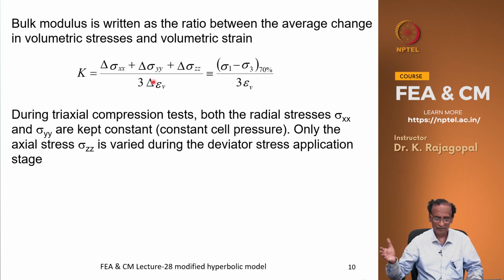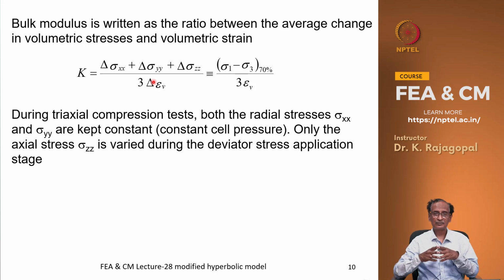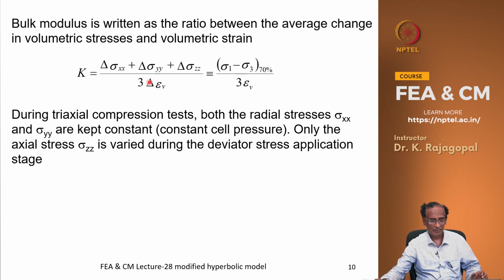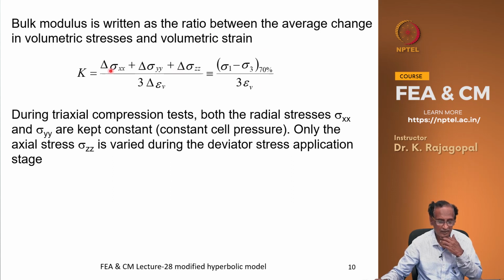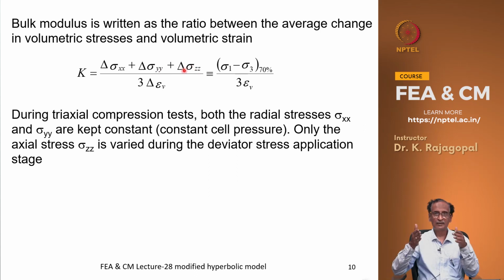or, if you relate it to the triaxial compression test, we can express K as sigma 1 minus sigma 3 at 70% stress level divided by 3 epsilon v. This is our mean normal stress, because in the triaxial compression test during the application of the deviator stress, delta sigma x and delta sigma y are 0, and we have only the axial stress, that is the deviator stress.